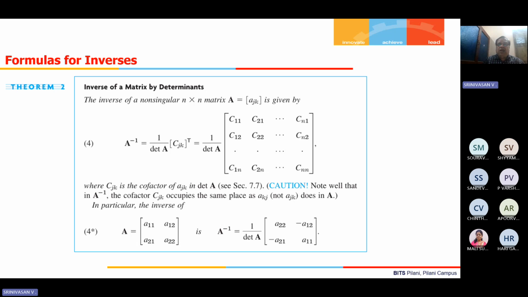What is C_jk? The cofactor matrix, or matrix of cofactors.